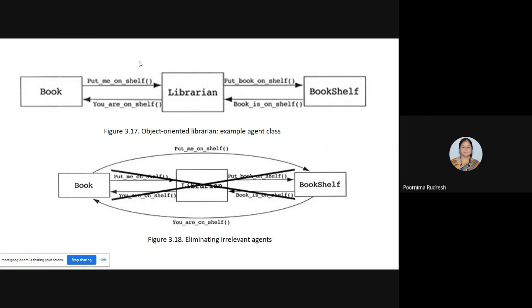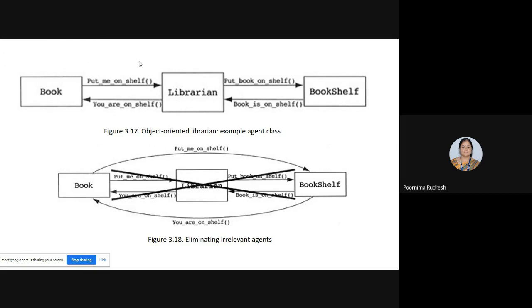Suppose we consider the library system of our college. Through the library, students are issued books, and once issued, the students can keep the books only for 15 days, right? After 15 days they have to return the books.